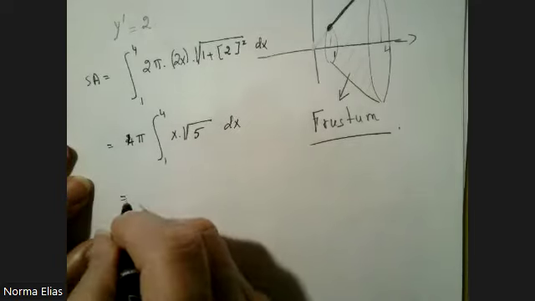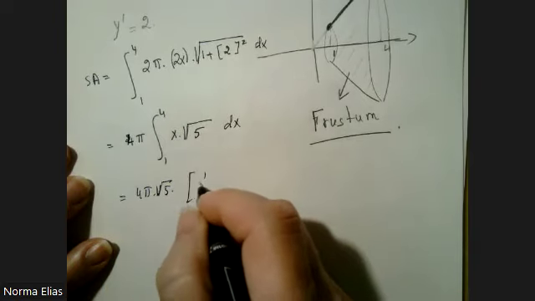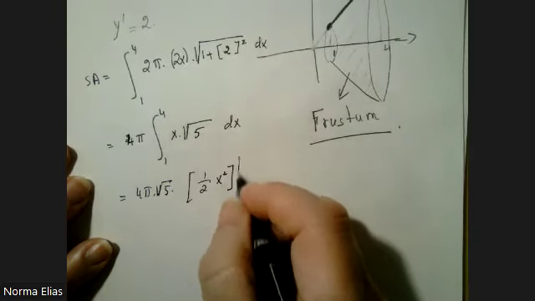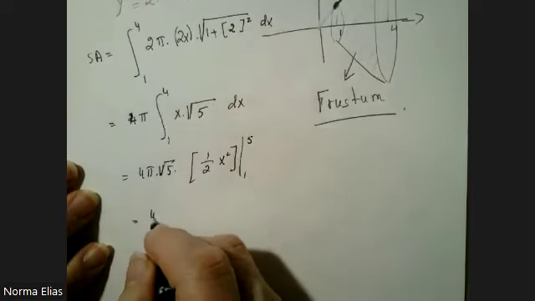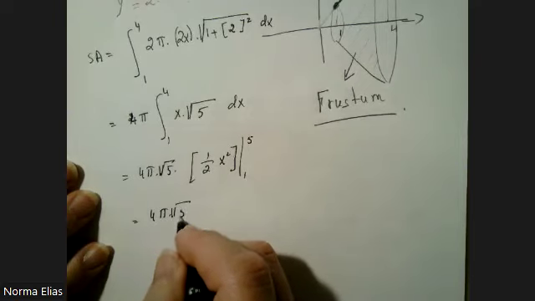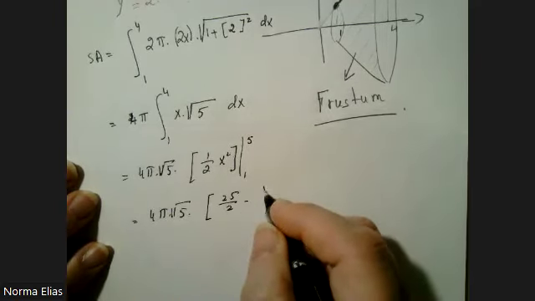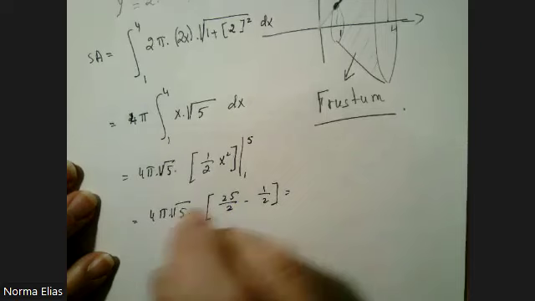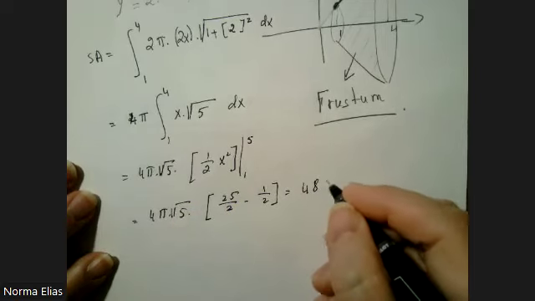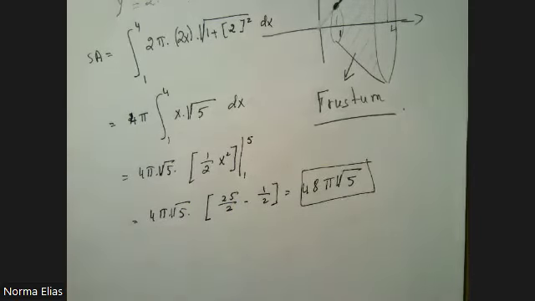The square root of 5, I can take it out, times a half x squared between 1 and 4. This has really become fairly simple once we use those ideas. So that gives me 16 divided by 2, minus a half, which is going to give me 12. 12 times 4, 48 pi square root of 5. That would be the surface area of this truncated cone.